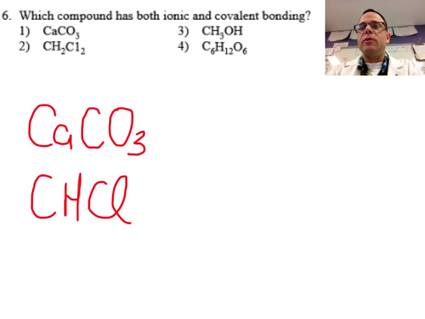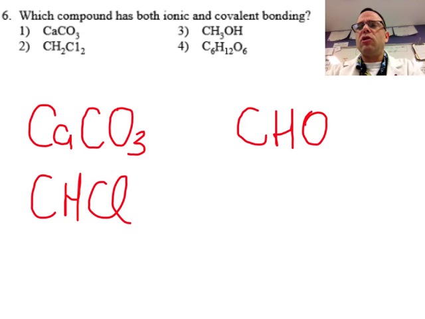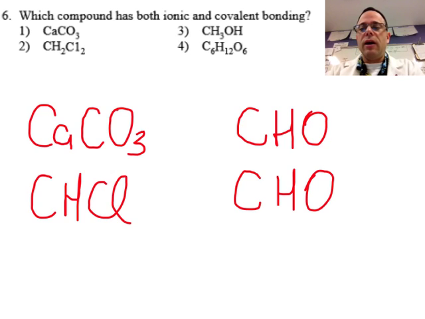Don't worry about the subscripts. I'm just looking at the type of elements. For 3, I have carbon, hydrogen, oxygen. Then it mentions hydrogen again, so I'm not even going to put it on the list. And 4 mentions carbon, hydrogen, and oxygen.